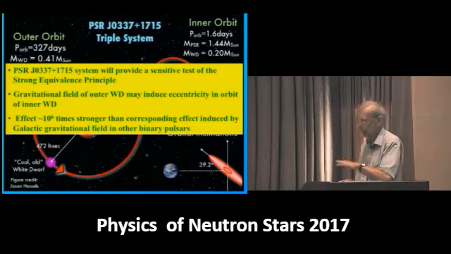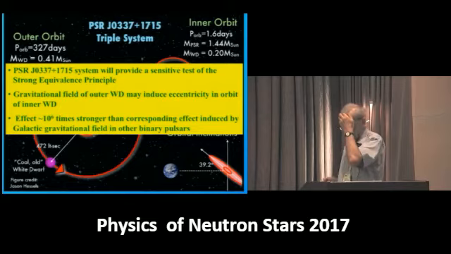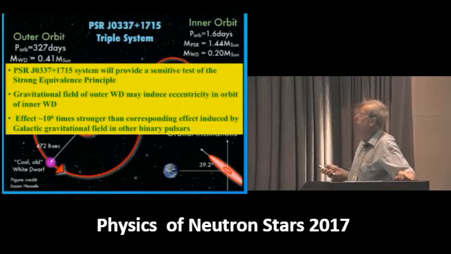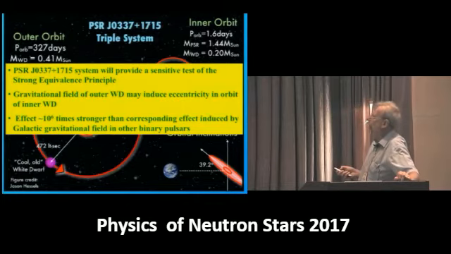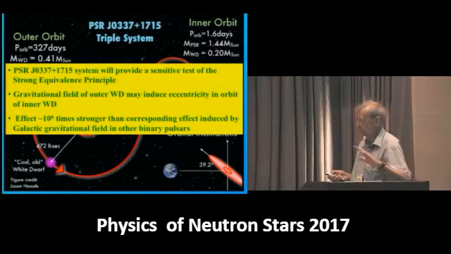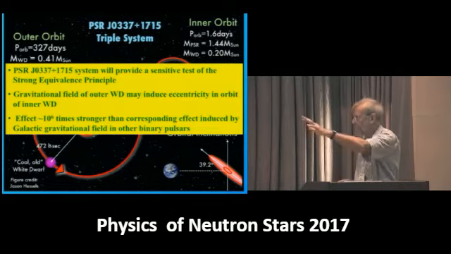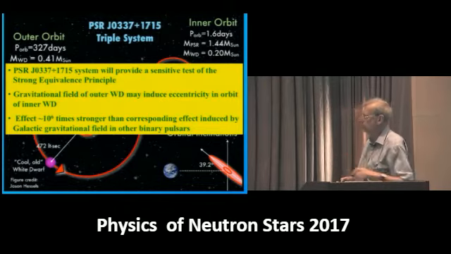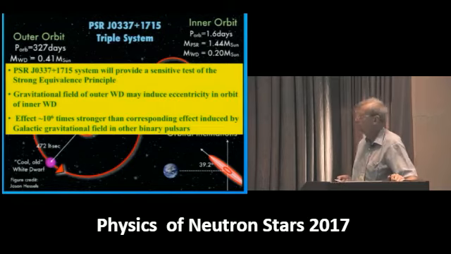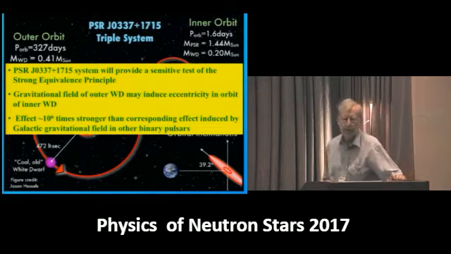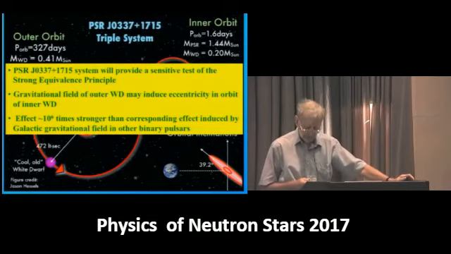There's an effect where if the system is in an external gravitational field, it will induce an eccentricity in the orbit, and that's usually tested by the gravitational field of the galaxy, but here you can actually test it with the gravitational field of the second outer planet, and it's potentially much more sensitive.